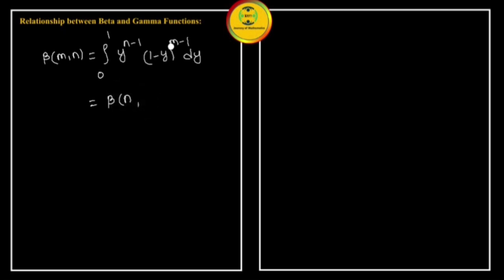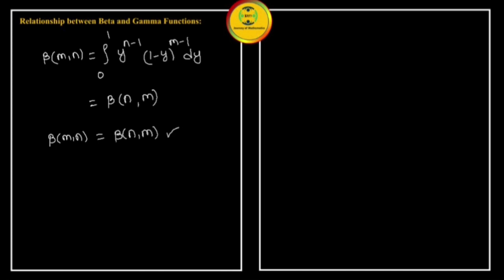Next, (1 minus y) whole power m minus 1 is there, so it is the power of 1 minus y, and I write m next. So finally I can rewrite beta of m comma n is equal to beta of n comma m. So this is about the first property of the beta function.